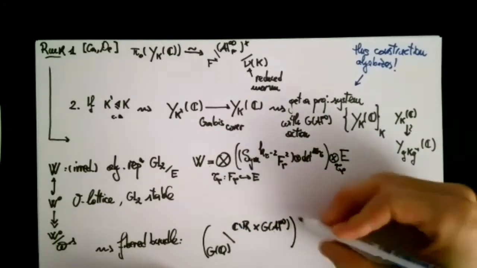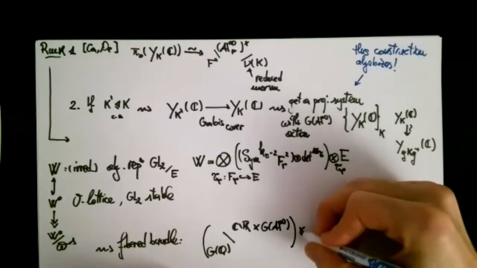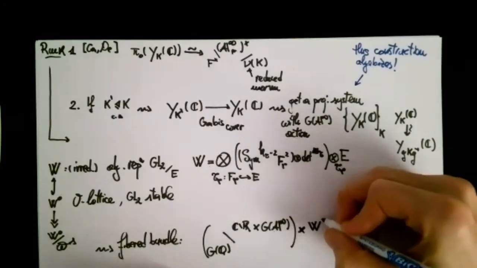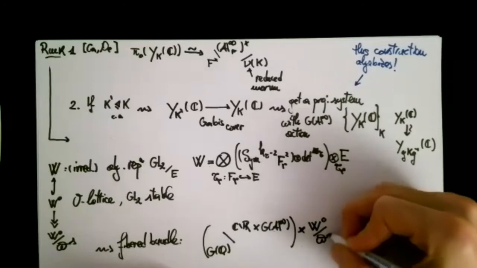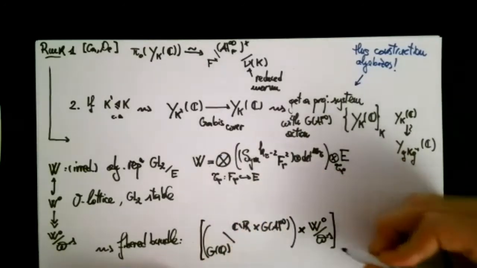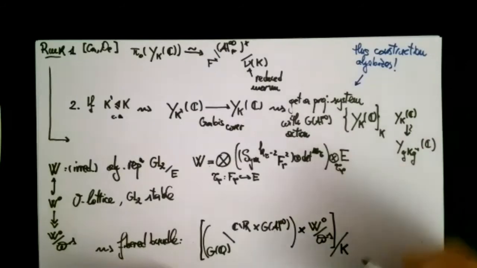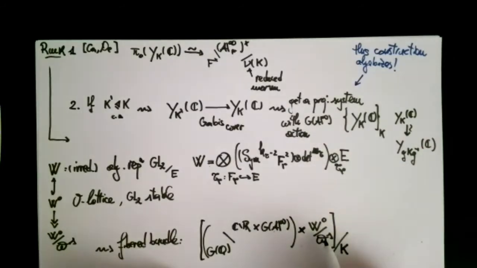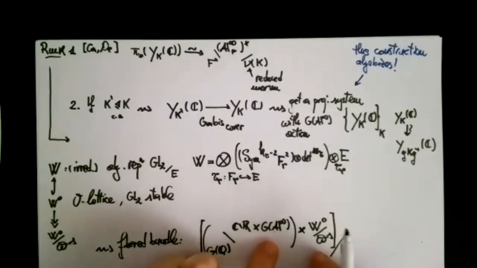But now I consider the product over W naught omega S, and this I quotient on the left by K, where we have the diagonal action of K over these two factors.